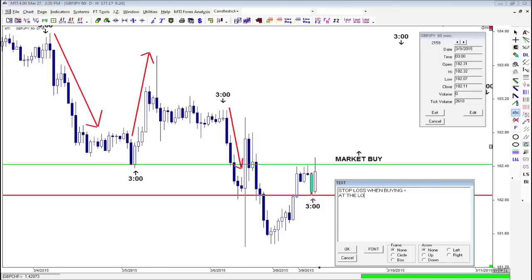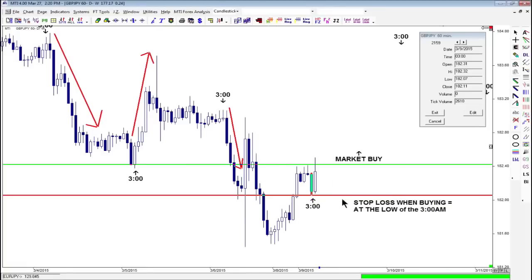Stop loss when buying is going to be at the low of the 3 a.m. candle. Once again, when we're buying the market, we don't have to take into consideration the spread. That's why it's going to be at the low. When you're selling the market, your stop is actually going to be 5 pips above the high. When we go into the market selling, I'm going to explain that as we go along. So pretty simple strategy so far.